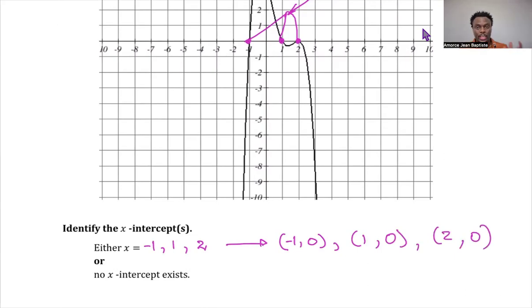So I have the 3 x-intercepts given as points in ordered pair form.